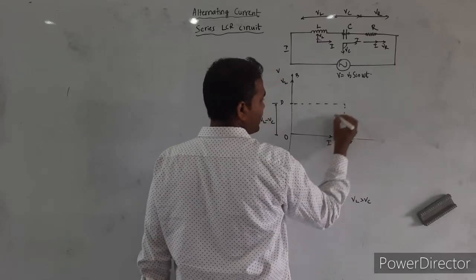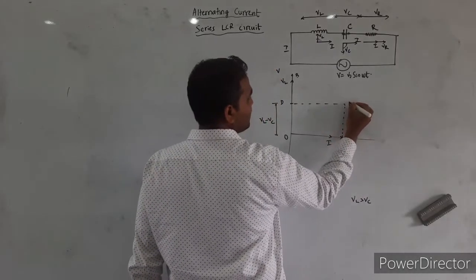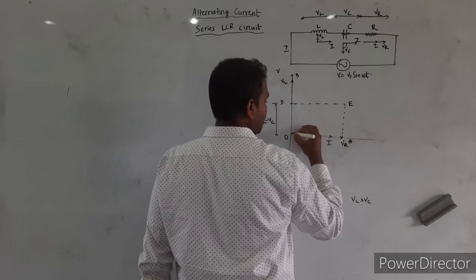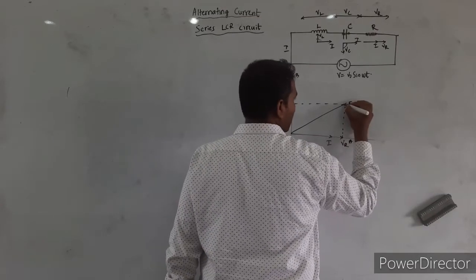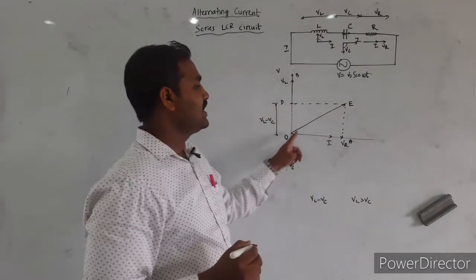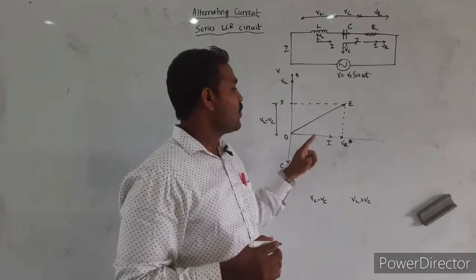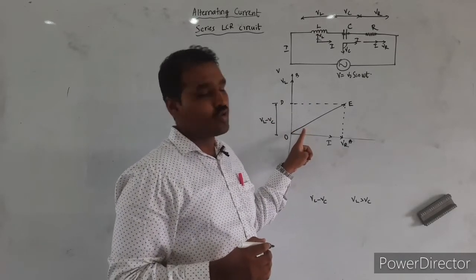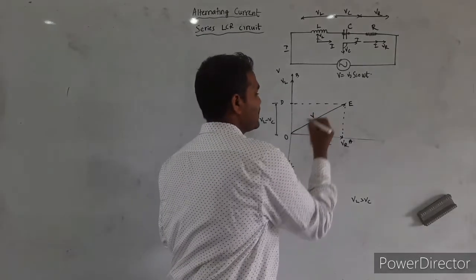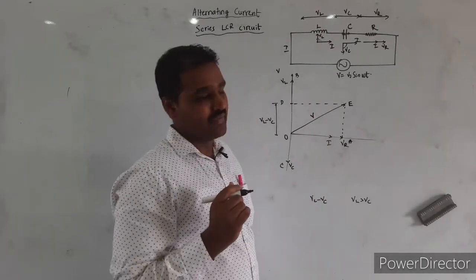Whatever this corner is, let us consider this is E. This O to E will give me the resultant of these two vectors. What is the magnitude of this O to E? So let us consider this is the resultant voltage V.